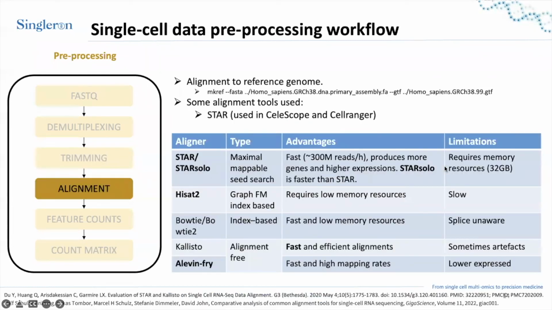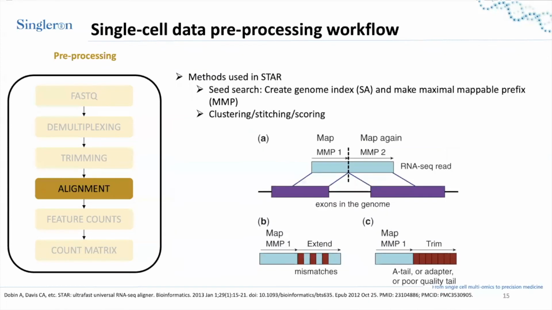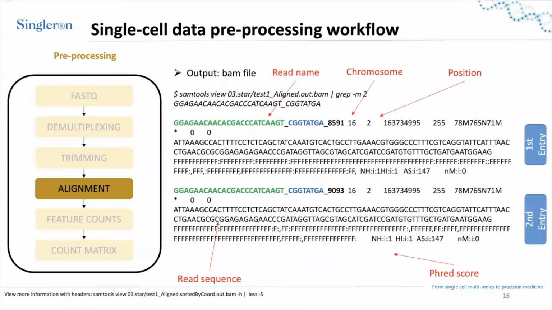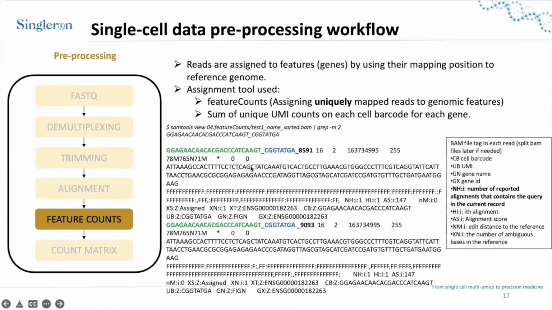The alignment part will also be similar. For example, many of these tools like STAR as well as Bowtie 2 were actually developed for bulk-seq. But the difference is that for single cell, eventually it will need to count against one cell barcode. This is the unique part for single cell, where you need the cell barcode in order to calculate how many genes are expressed. So there will be a difference in the single cell versus bulk-seq pipeline processing.